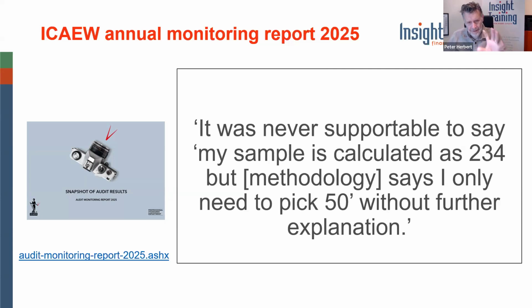This could very much apply to the audit of revenue, where again, if you are looking at a situation whereby you've got a capitalist sampling methodology, and the figure comes out at a really, really big number, but you're taking the view that that's just not viable, and therefore you're going to pick 50 instead. I absolutely am of the view that sample size calculation is an area of professional judgment in the way that you're doing audits.